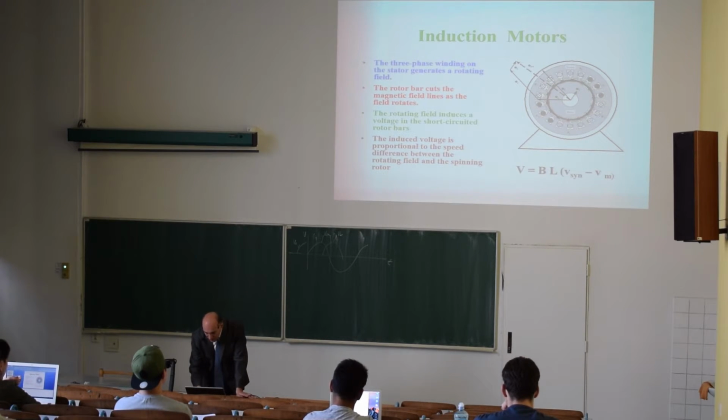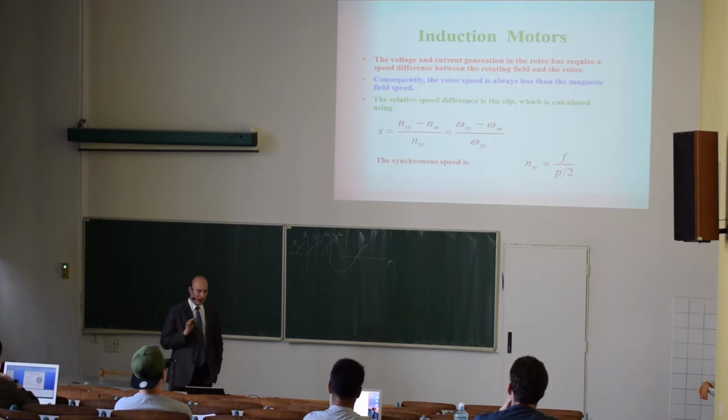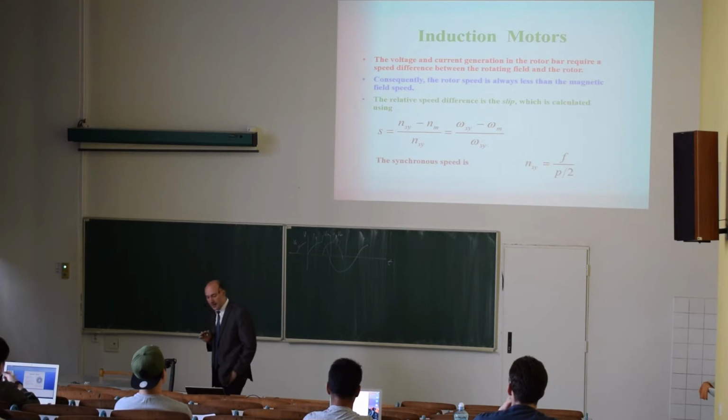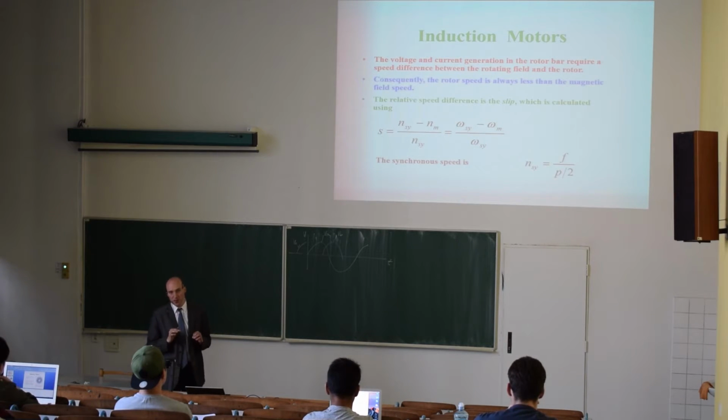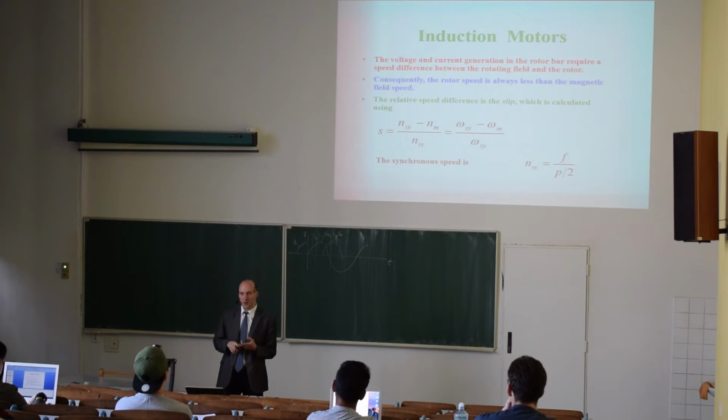Let me show this. There is one very important property of an induction motor that is called slip. And slip is the difference between the speed of the rotor and the speed of the magnetic field on the stator.